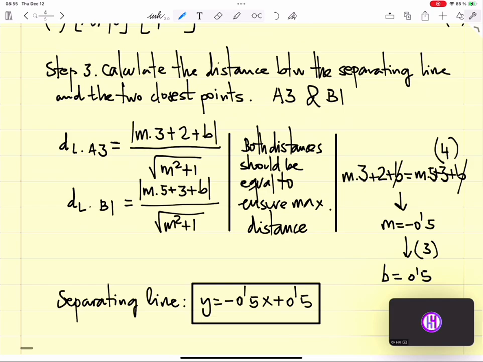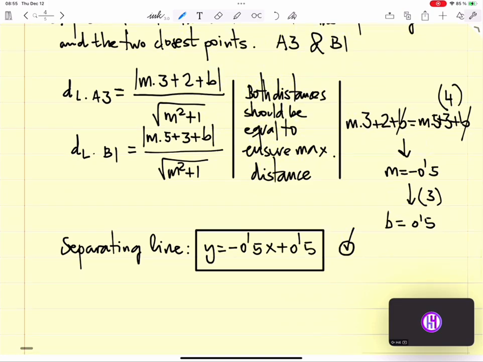So this solves the first question. What is your separating line? The second question is, what is the distance between the line and the 2 points? Well, this is a piece of cake.